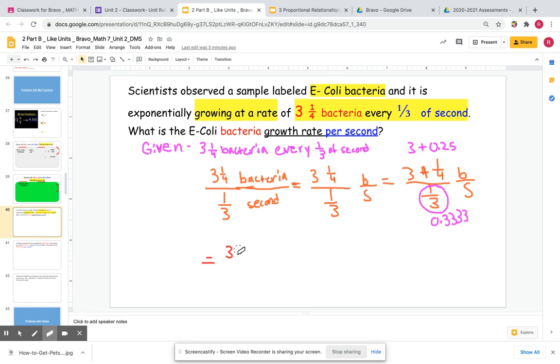We get 3 point 25 over 0.333. You could definitely just include 2 3's, but we're going to include 4 for right now. Now, this is not complete. You need to carry over the units. The top was talking about bacteria. The bottom was talking about seconds.